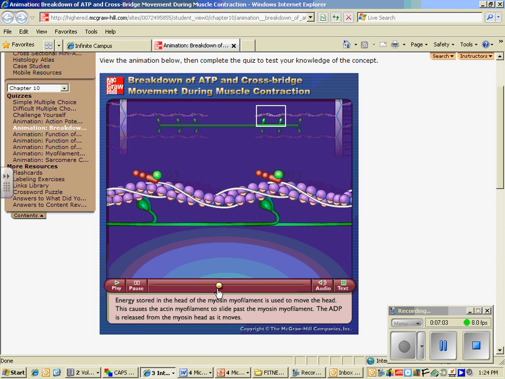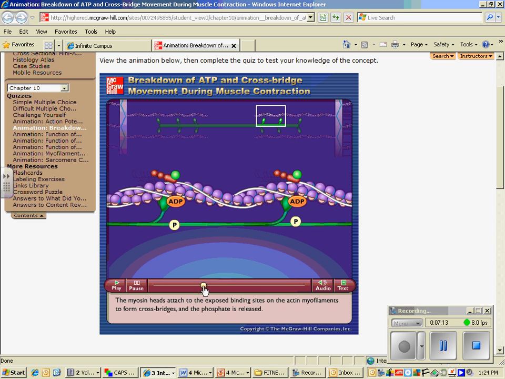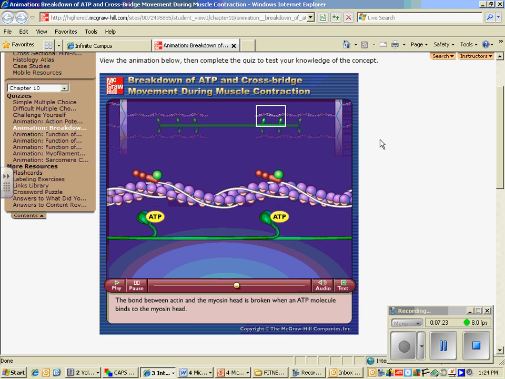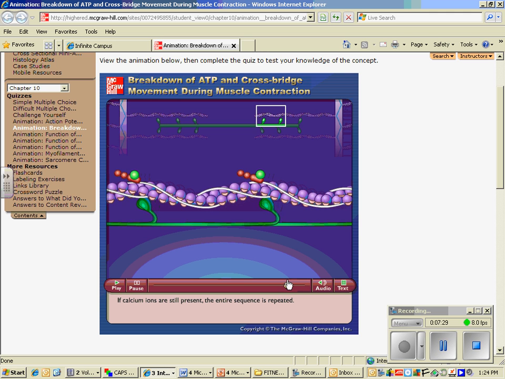Now, in order for those to let go, you need to have ATP, which is a source of energy for cells, which we haven't really talked about yet, but we're going to. So, if you see what's happened now is we've pulled, this green thing has pulled this blue thing in that direction. Okay? ATP releases, hook back on, pull again.